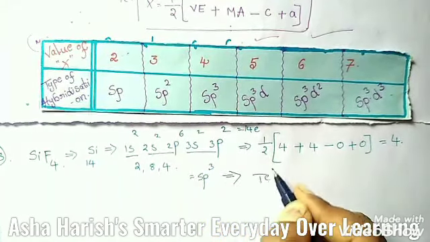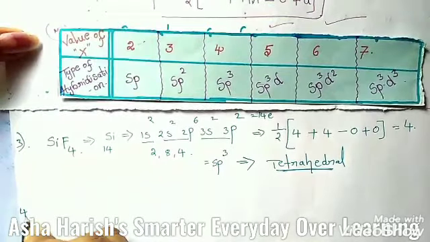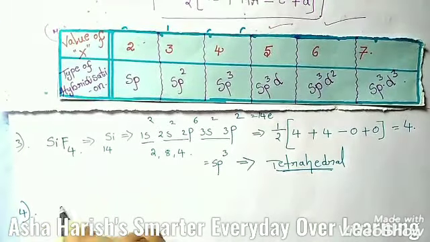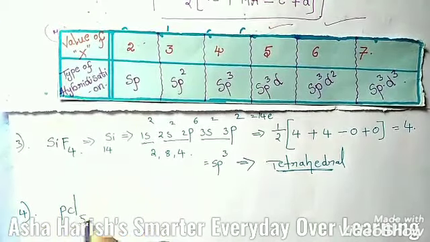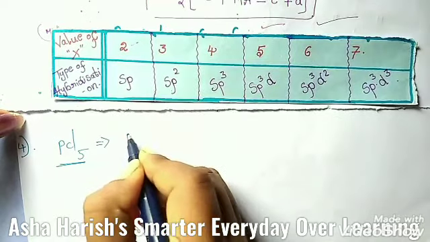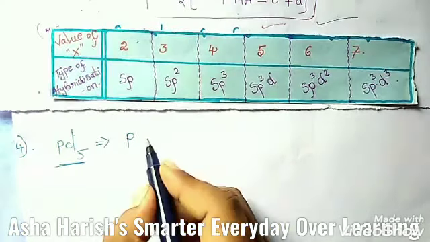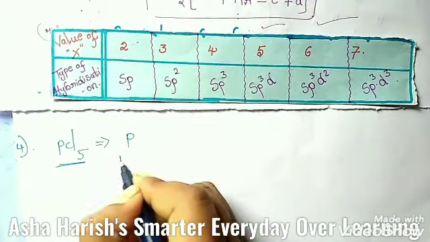Okay students, let's see another example for this. Example number 4, PCl5, phosphorus pentachloride. Here the central atom is phosphorus. Here students, phosphorus atomic number is 15.